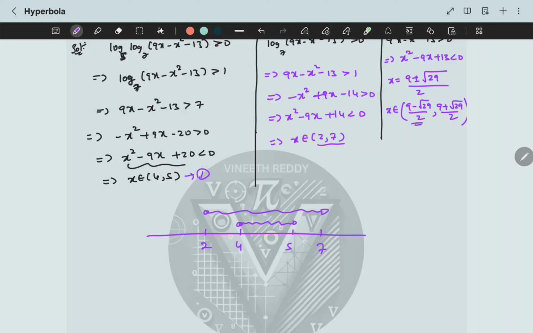Taking 5.5, 9 minus 5.5 is 3.5, and 3.5 divided by 2 is about 1.7. So (9 minus root 29)/2 is somewhere here. And 9 plus 5.5 is 14.5, divided by 2 is about 7.25, so it is definitely greater than 7. So the common region is this.